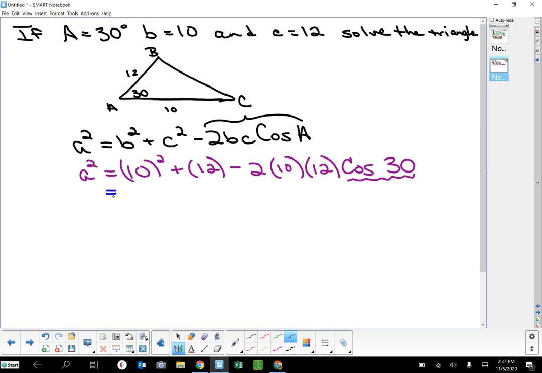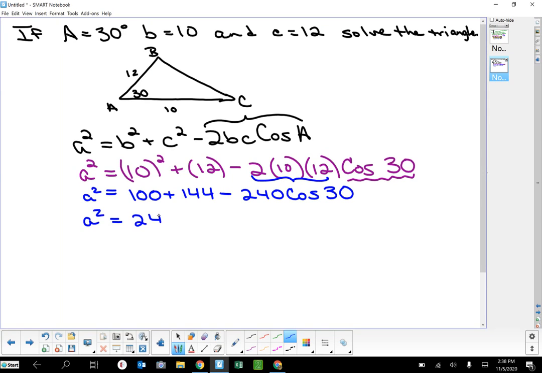So here I'm going to have a 100 plus a 144 minus, now keep in mind these numbers are all multiplied together, so we're going to have a 240 there times cosine of 30, okay? And again, I'll add these two guys, so I'm going to bring my a squared down.